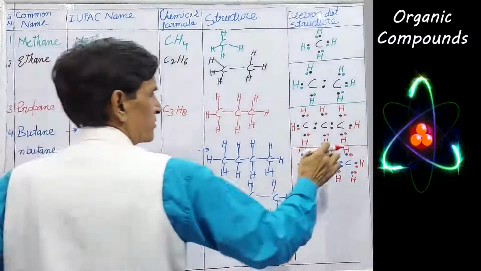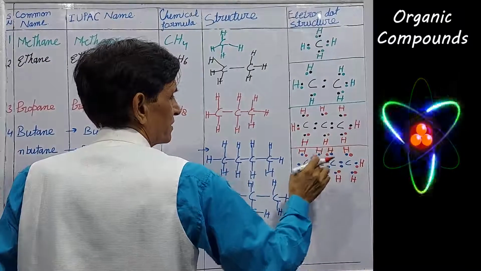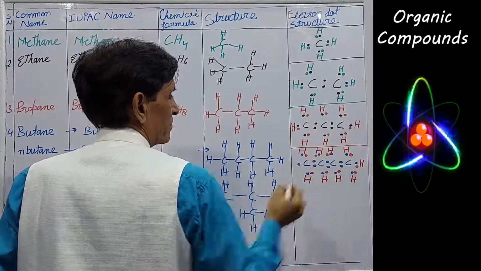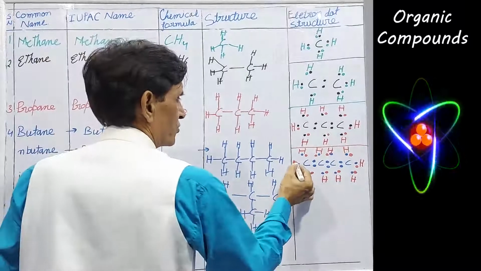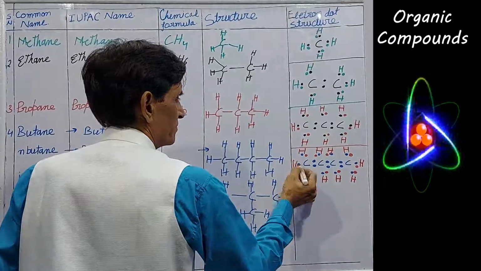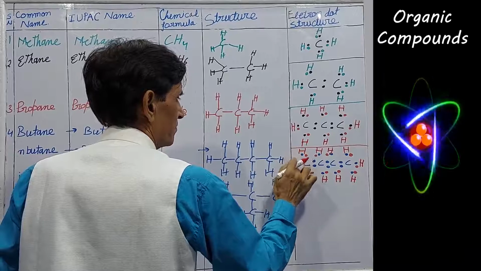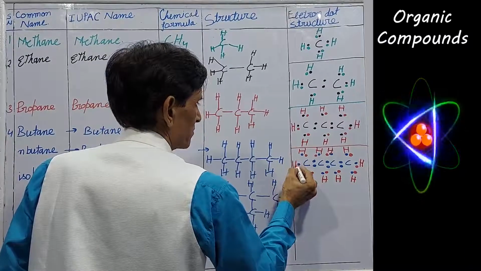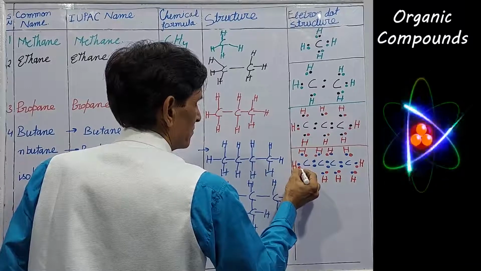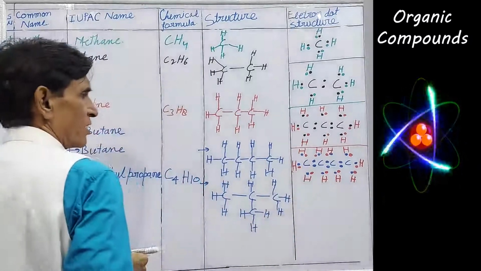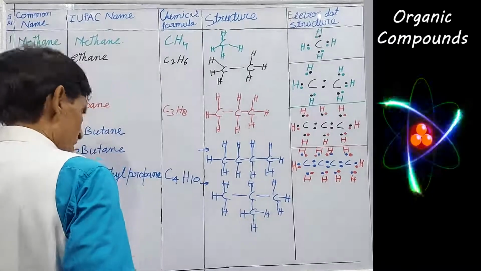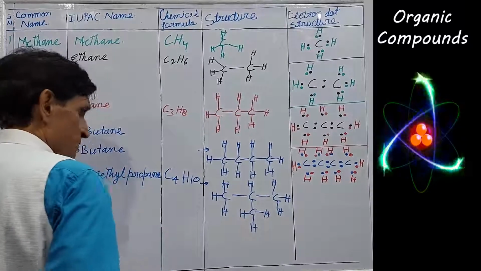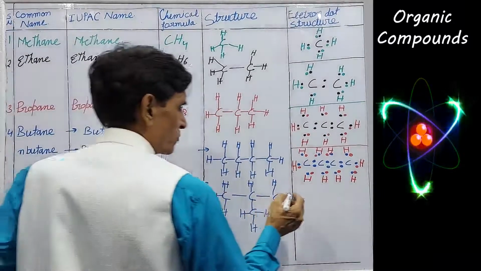This is about the electron dot structure of normal butane.